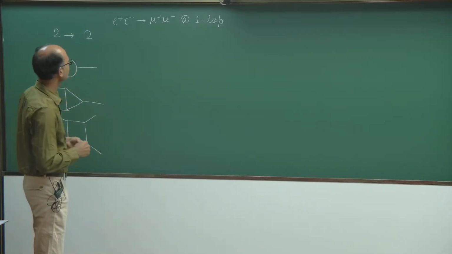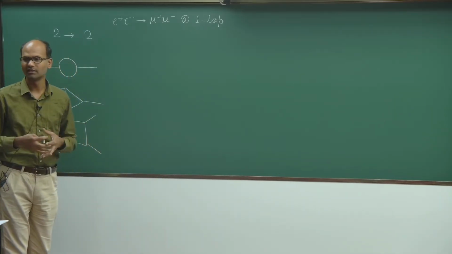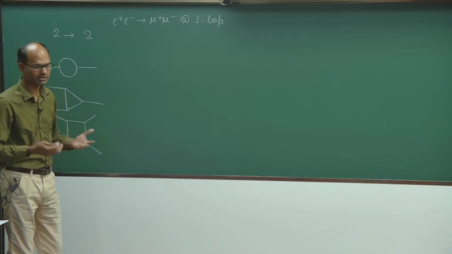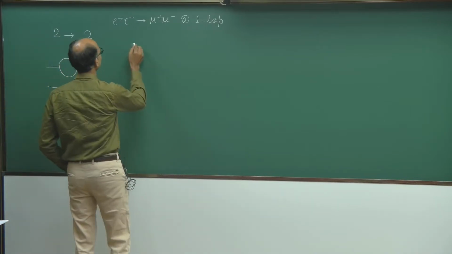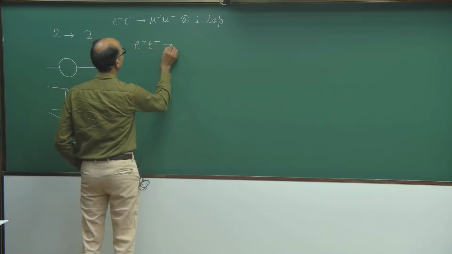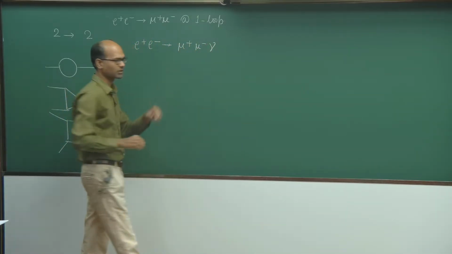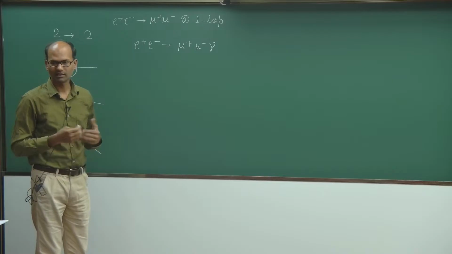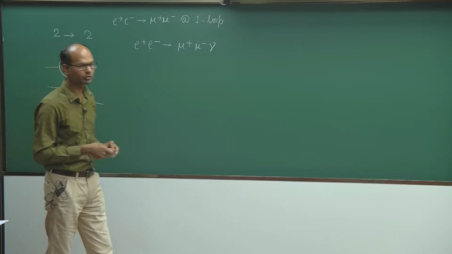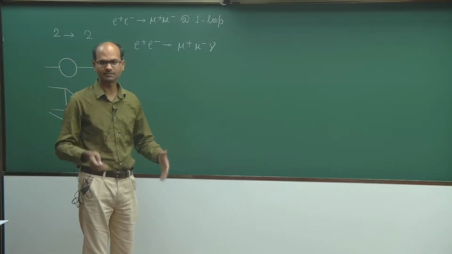So a natural question arises: what happens if I discuss 2 to 3 processes? For example, because of some reason your experimentalist friend would be interested in analyzing data on the process mu plus mu minus and a photon, and would like you to make a precise prediction for this.